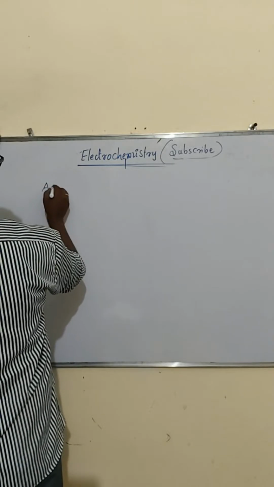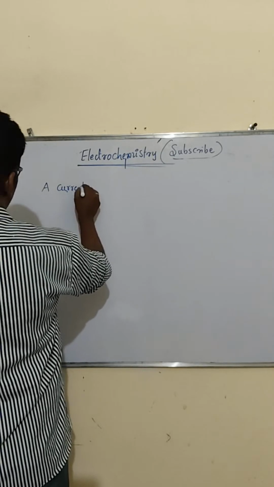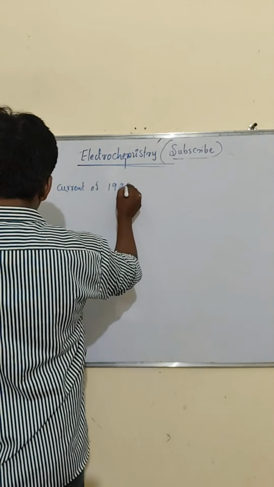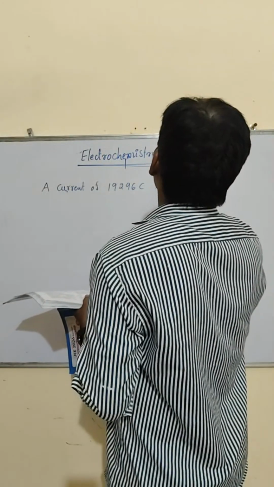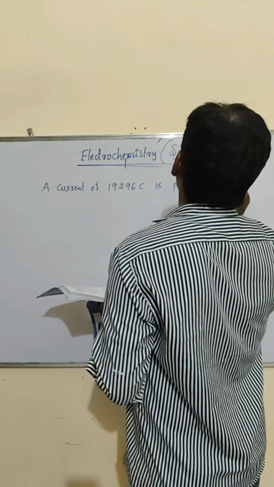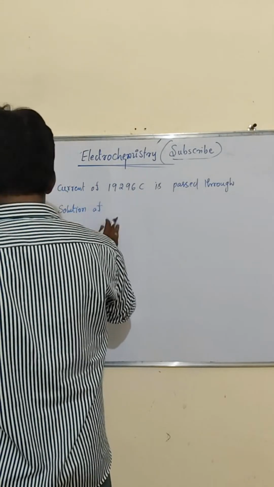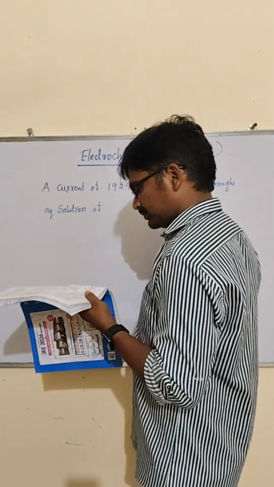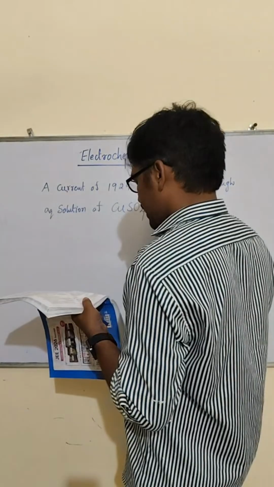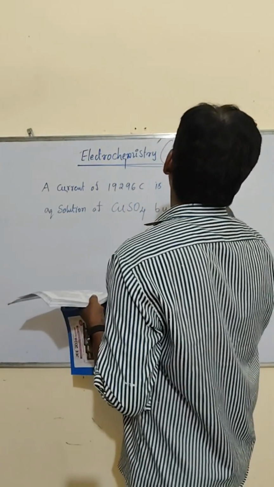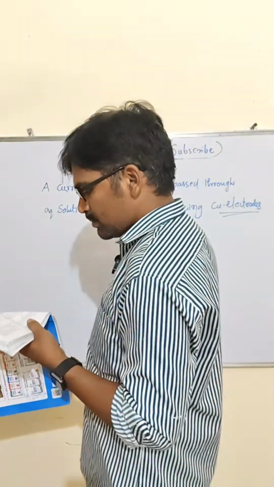A current of 19296 coulombs is passed through an aqueous solution of copper sulfate by using copper electrodes, active electrodes.